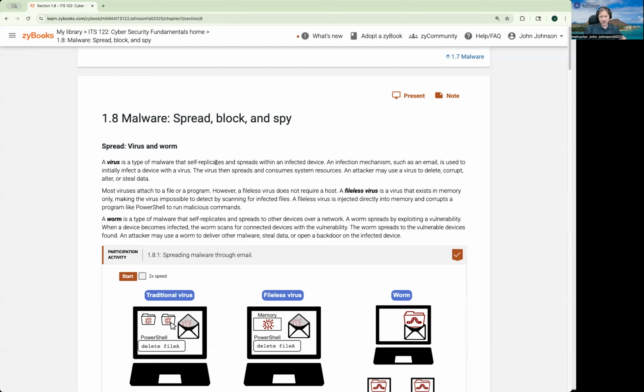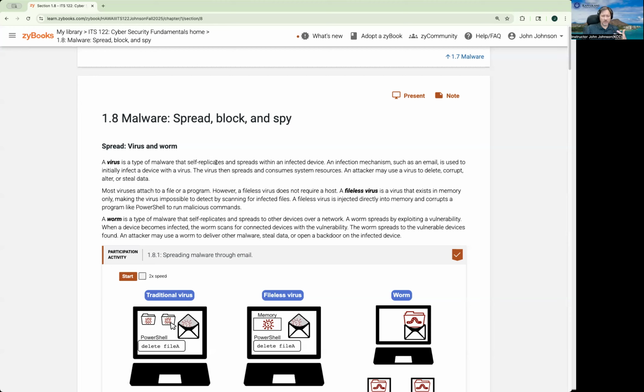And for a lot of these, what we were ending up doing is replacing the original files. So if it was an executable for Microsoft Word, I think the software itself would fix it. I don't know if it actually replaced the executable or if it just removed the virus code itself from it. But yeah, that's how traditional viruses work.